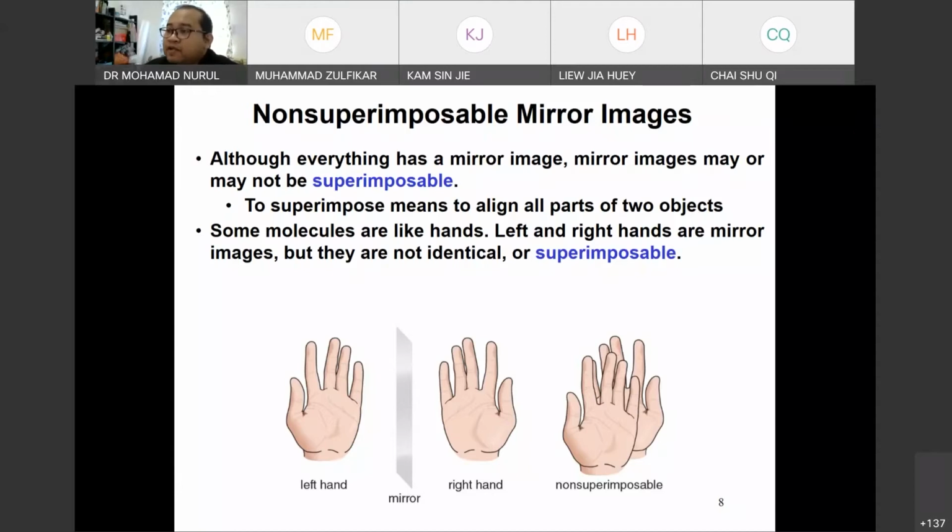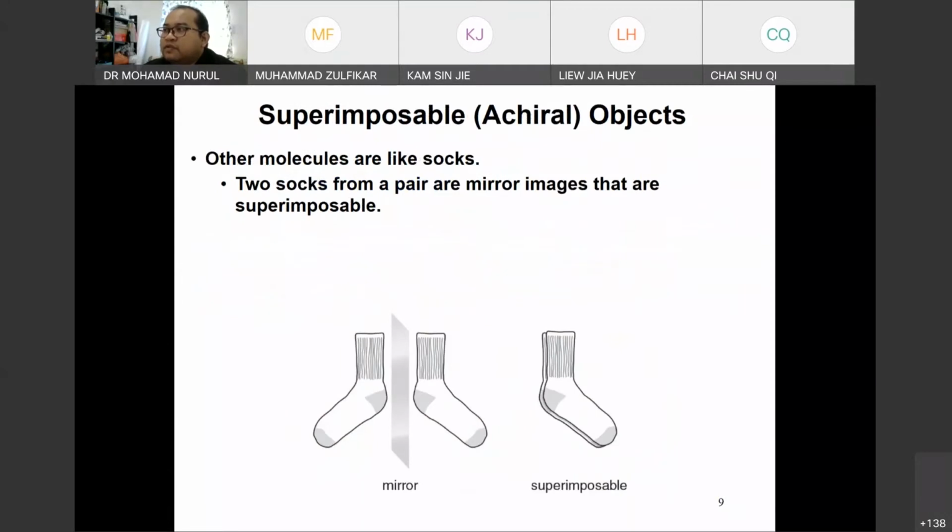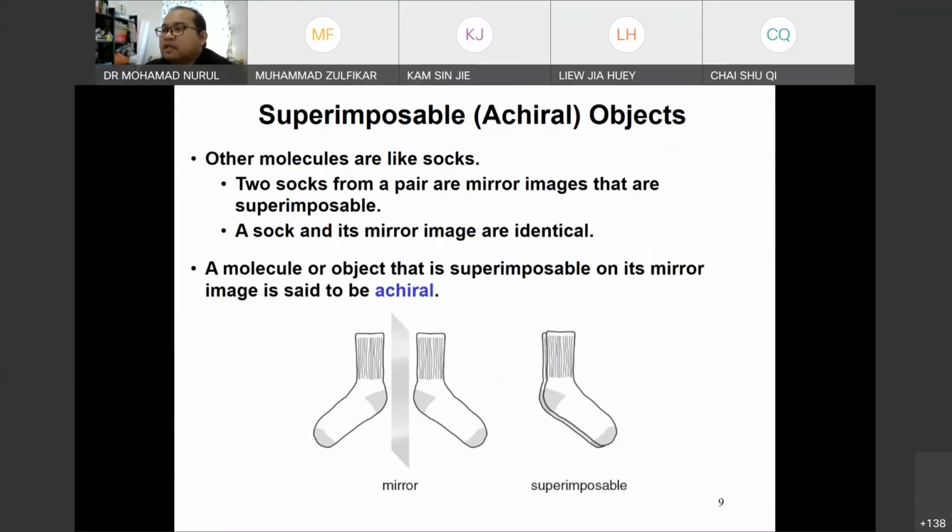So a molecule or object that is not superimposable on its mirror image, we say is chiral. Other objects, like socks, a pair of socks, are mirror images that are superimposable. A sock and its mirror image are identical. So a molecule or object that is superimposable on its mirror image, we say is achiral.